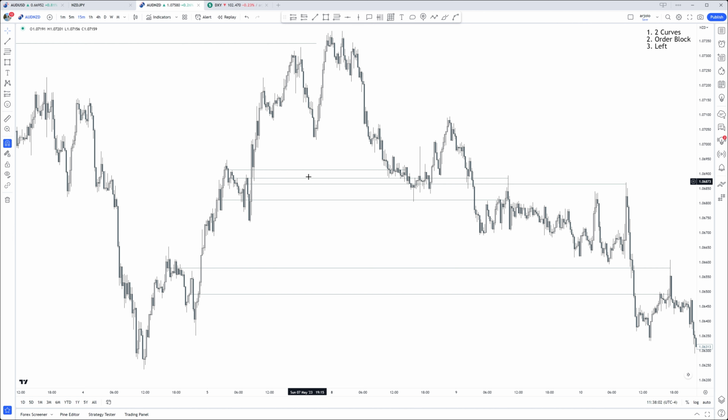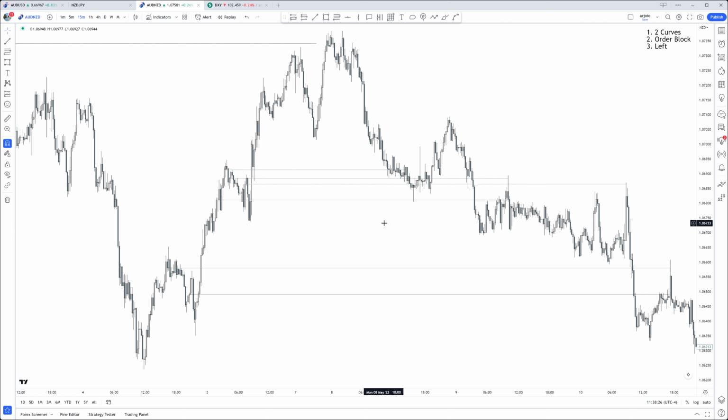Of course, as you can see already, I don't like how there are so many lines here. So what is a solution to that? Well, you might notice the reclaimed order blocks that work well are the ones that are overlapping with something else. I always emphasize this fact.